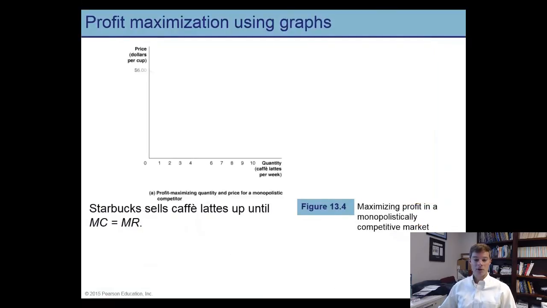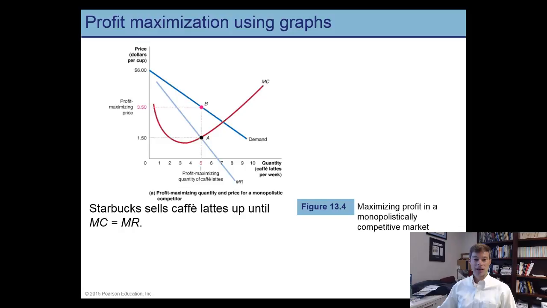In this graph, for a monopolistically competitive firm, you see the firm's marginal cost curve, the demand curve it faces, and the corresponding marginal revenue curve. The monopolistically competitive firm will maximize profits by producing the quantity where marginal cost equals marginal revenue. This is the quantity where the marginal cost curve intersects the marginal revenue curve.